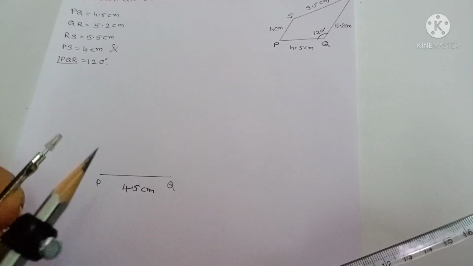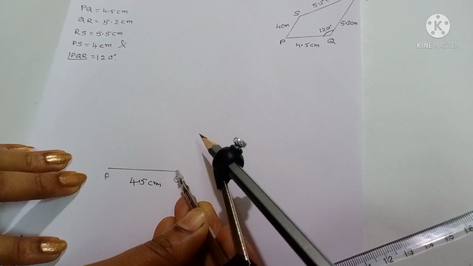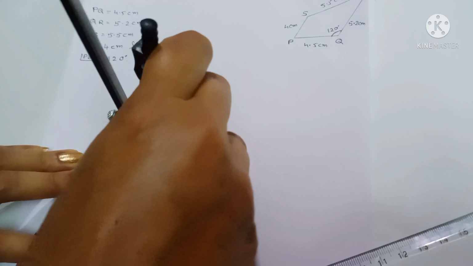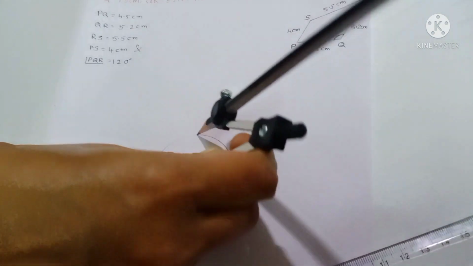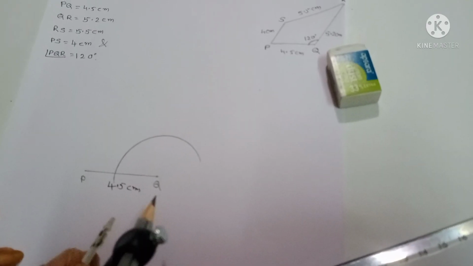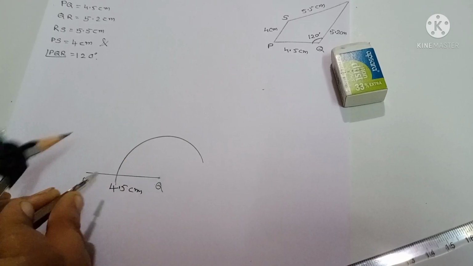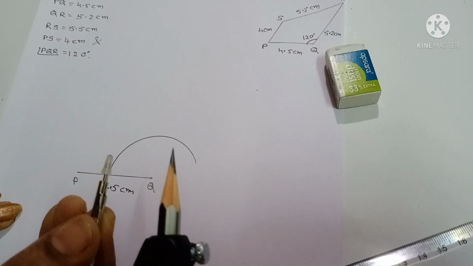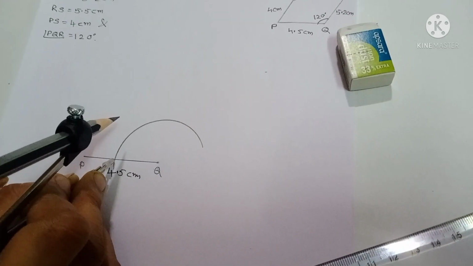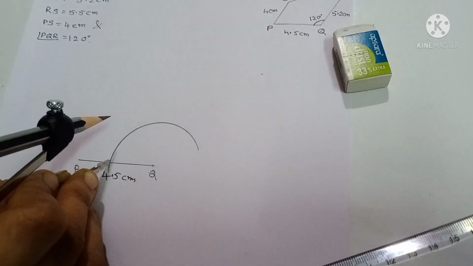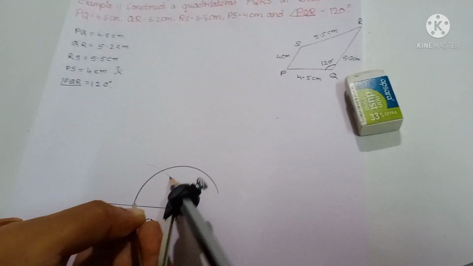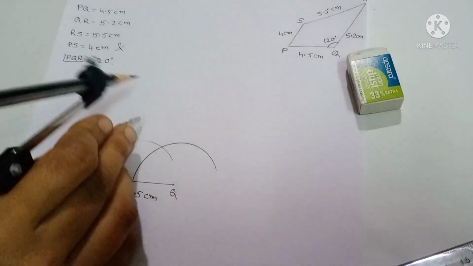Take some radius at center Q. Draw an arc like this. Again, we draw one more arc, without changing this radius, center here, one arc like this. Join them.